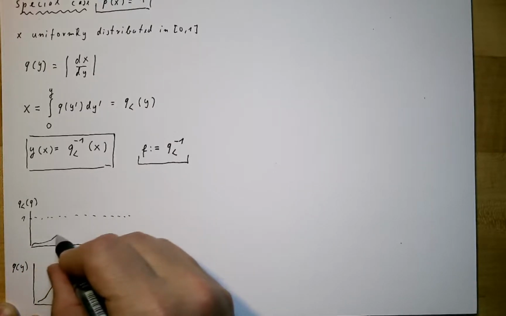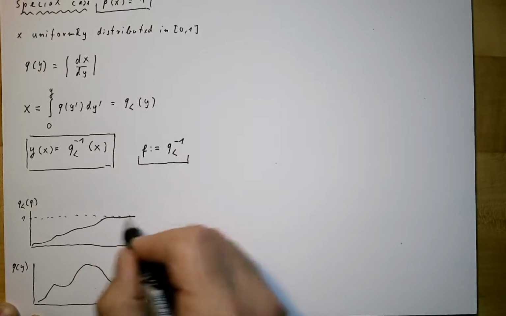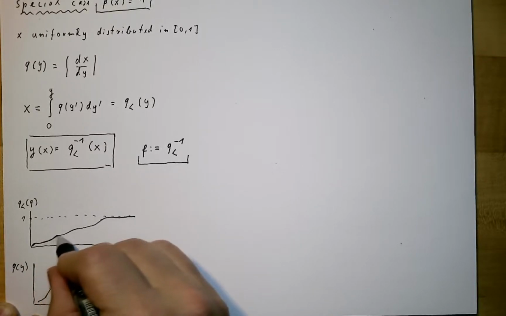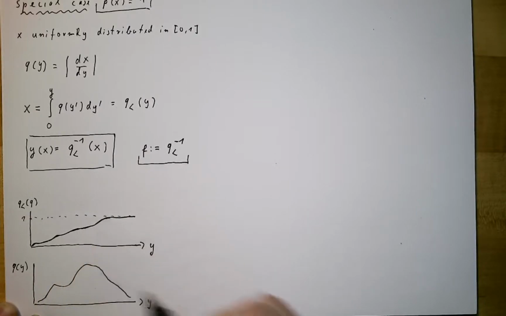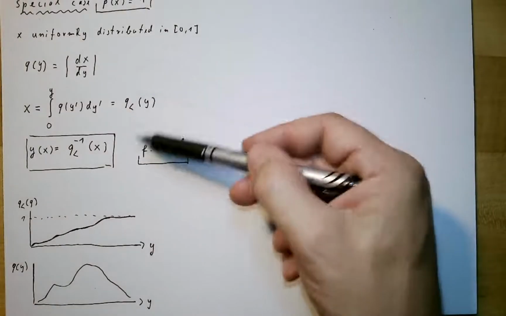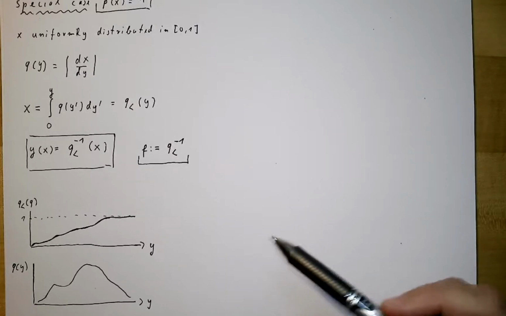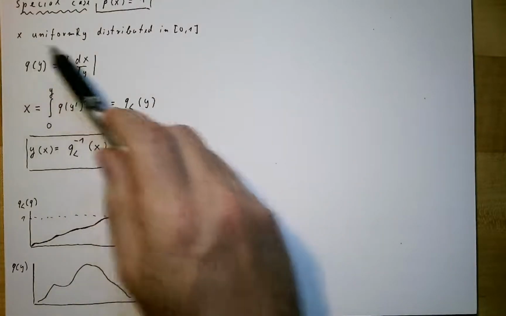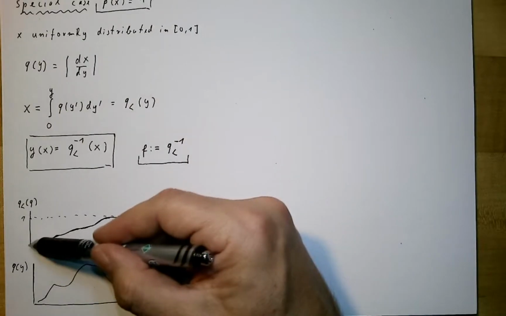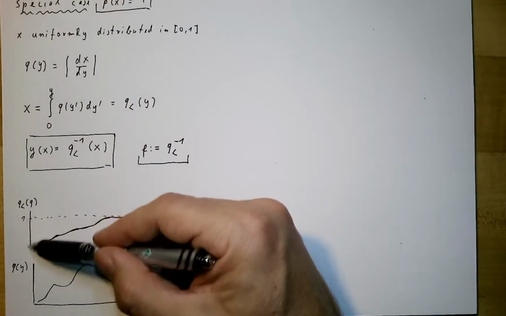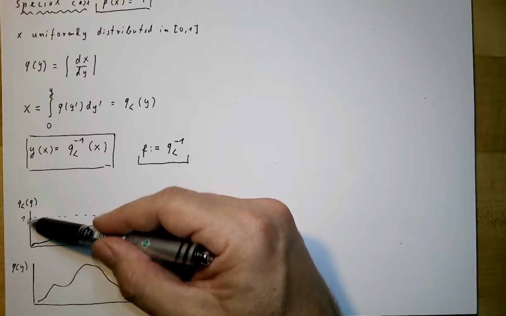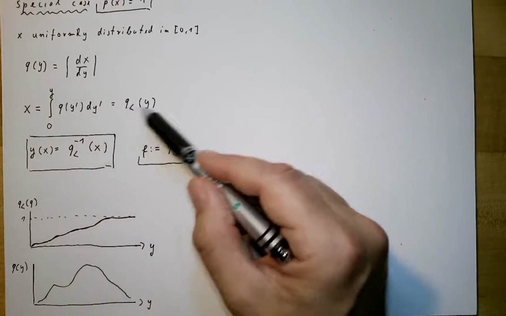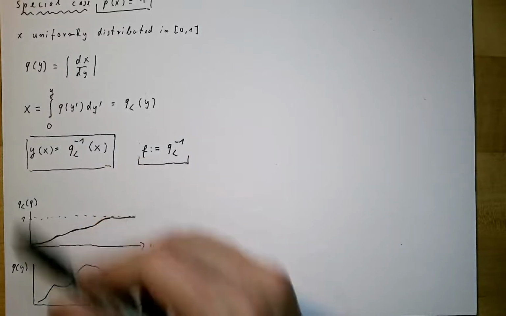And this is an increasing function. So that's our cumulative distribution. Now, what does this theorem say? What random variables x do we need to obtain our q of y? Basically the x are uniformly distributed, so we just take a random variable uniformly between 0 and 1. Q of y equals x, so that's x, uniformly distributed.